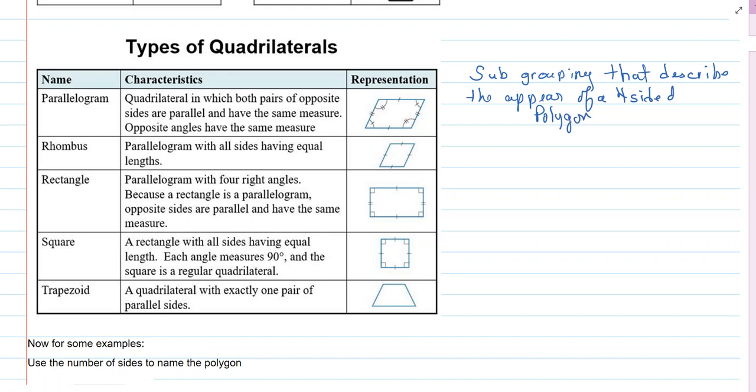So we have a parallelogram. Notice that we have opposite angles equal, and the opposite sides are equal. So we have two sides of opposite angles having the same measure, and opposite sides having the same measure. A rhombus is a parallelogram that has all sides of equal length.